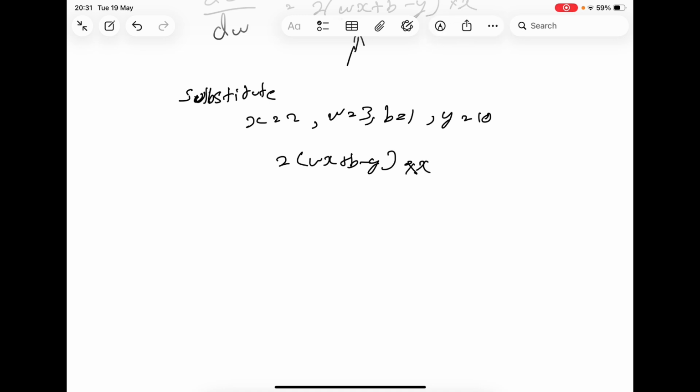So here what we do is 6 plus 1 minus 10 into 2, 7 minus 10 into 2.